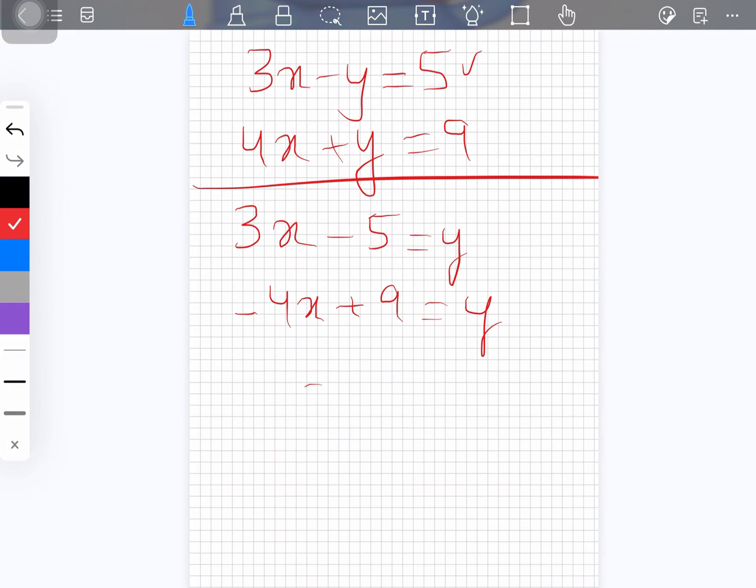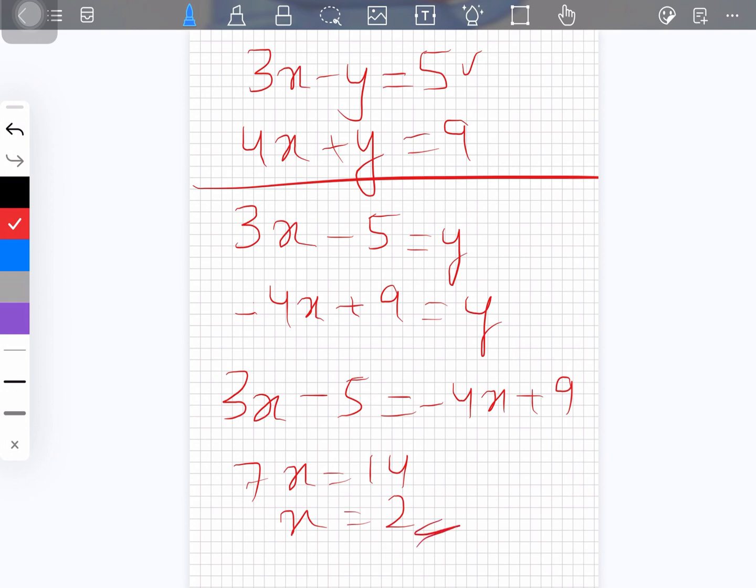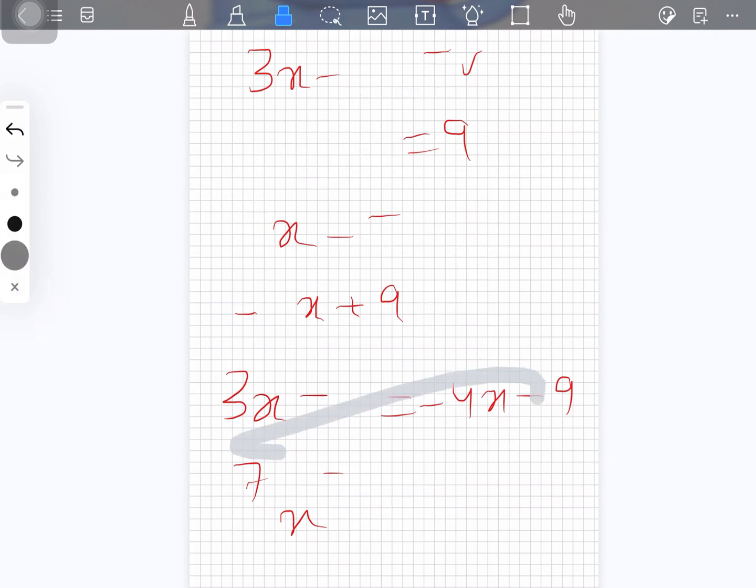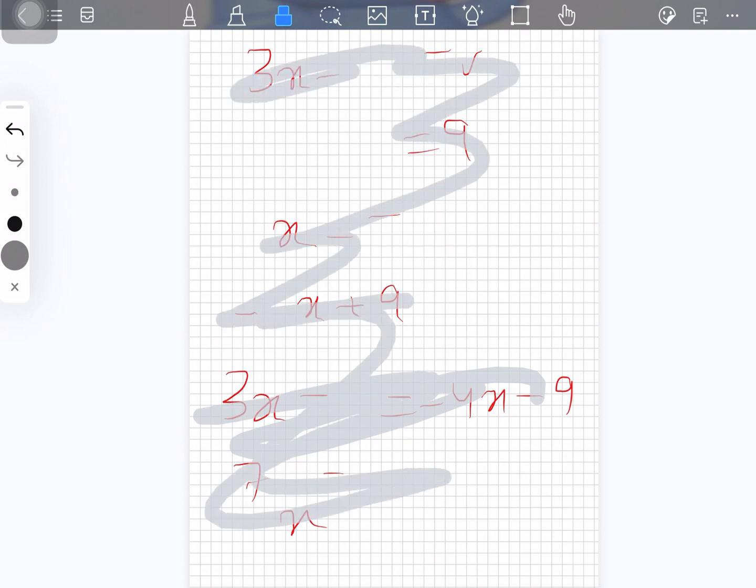And if you equate them, 3x minus 5 is equal to minus 4x plus 9. This way you can find the value of x. It would be 7x is equal to 14, and the answer is 2 again. So by solving it in first degree of x and y, I think it got a bit clearer to you. So we can equate them and find the value of x. It's the same thing, so we can do the same thing with a degree 2 polynomial as well.